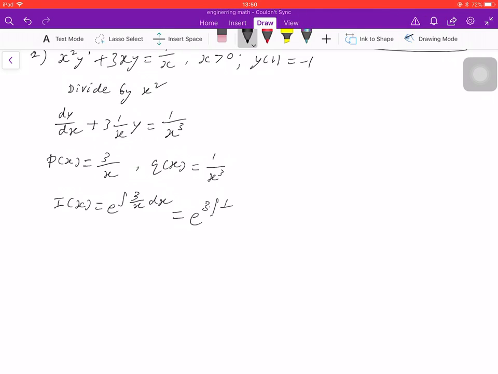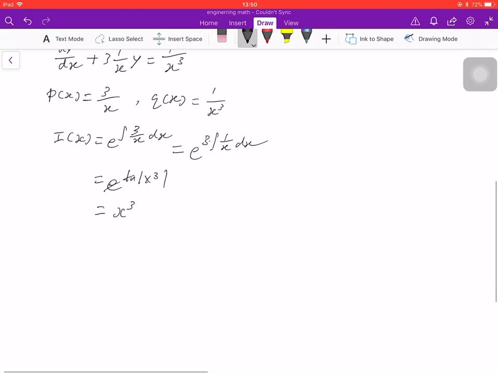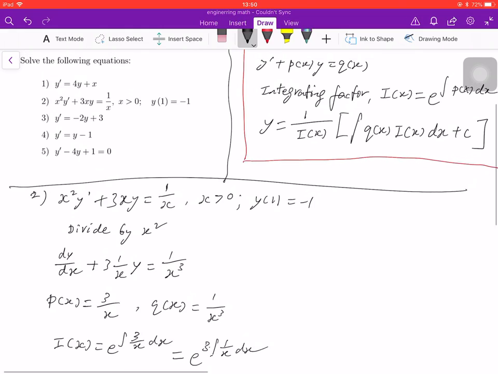We integrate 1 over x dx, so this is equivalent to the exponential of 3 times the natural log of x, which is ln of x cubed. Now we can eliminate the ln, so here we have x cubed. This is the integrating factor.